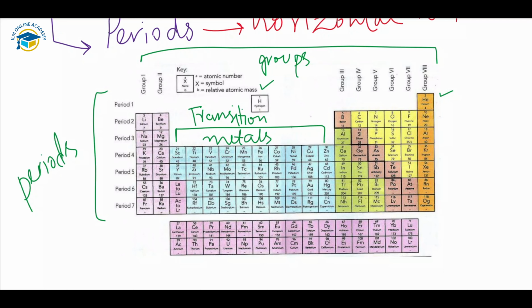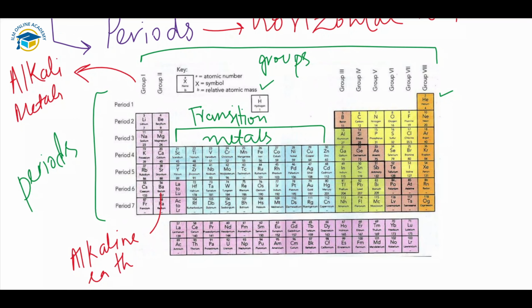The group 1 elements have a specific name: they are known as alkali metals. Group 1 elements are known as alkali metals, and group 2 are known as alkaline earth metals.